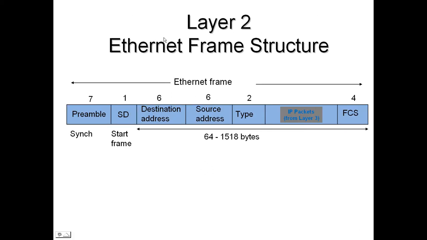So here you see what happens in layer 2, our data link layer. This is where we have our Ethernet frame. This is what it looks like. It's going from the right to the left. So we've got our destination address, that's our destination MAC address, our source MAC address. We're also going to get the IP packet information.